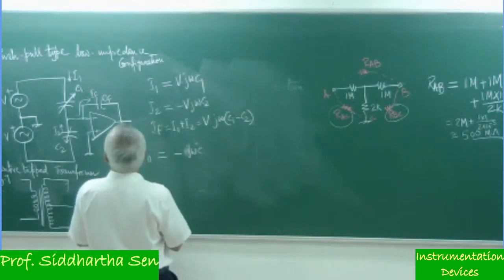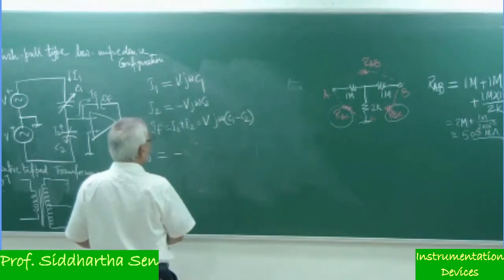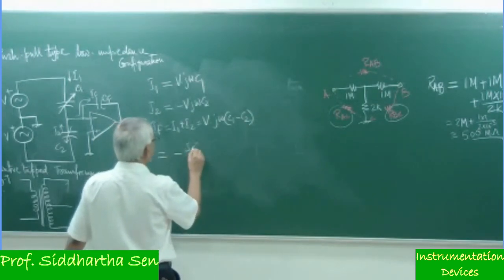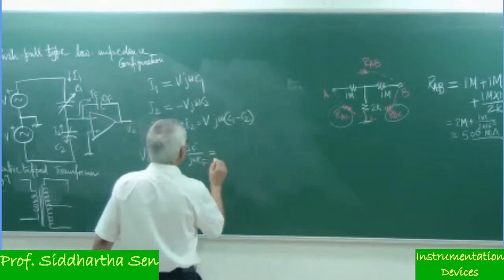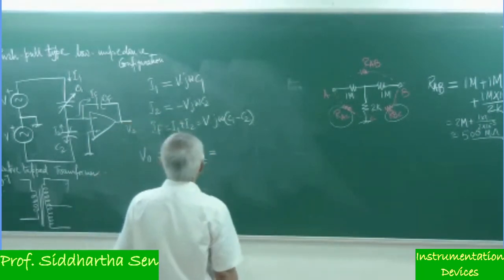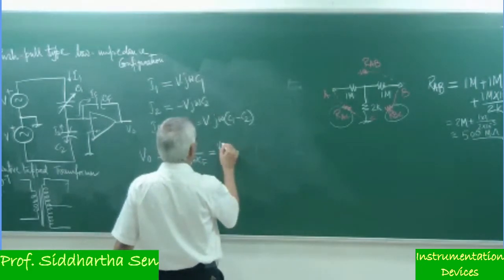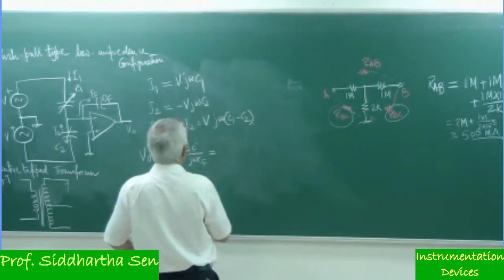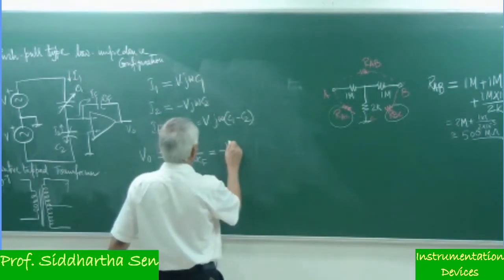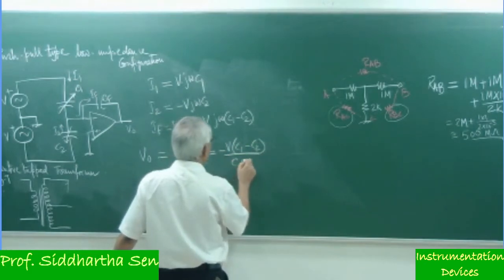This current is there and the voltage is basically IF by j omega CF. So if we put it like this, we can write it down as V0 equals minus V into (C1 minus C2) divided by CF.